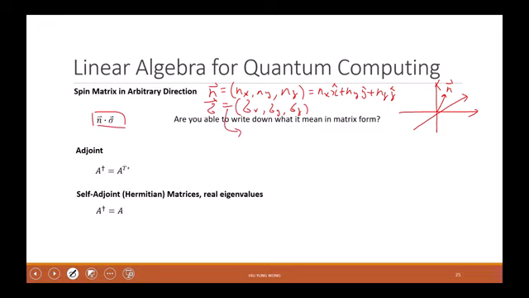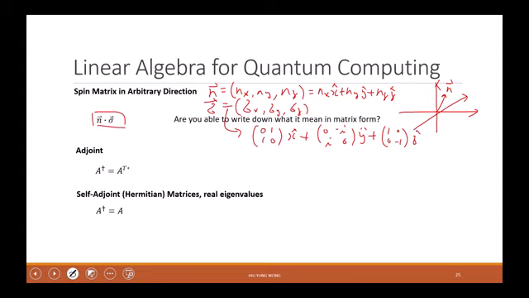But what is this one? It is really just sigma x x hat, plus sigma y y hat, plus sigma z z hat.